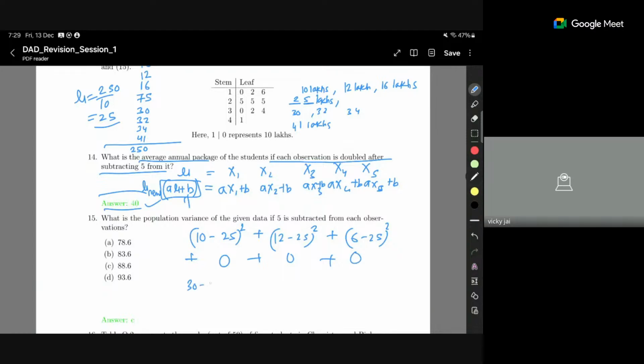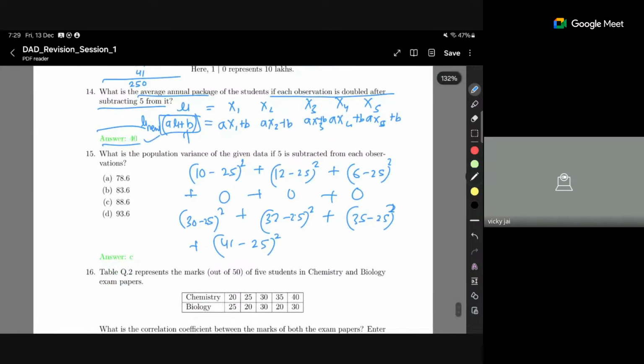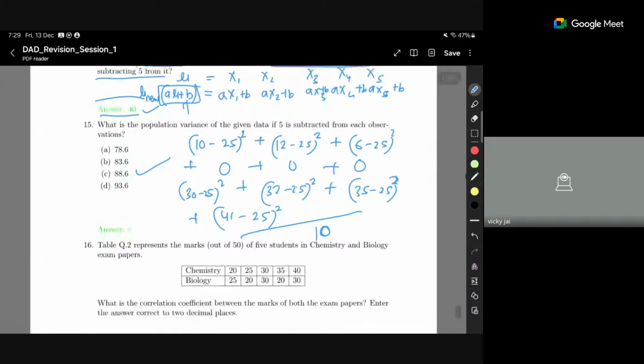Then 30 minus 25 square plus 32 minus 25 square plus 34 minus 25 square plus 41 minus 25 square. And then all of this divided by n, since it's a population. N is 10. I'll not do n minus 1 because it's about population. So I need to figure it out, and it will require a calculator. If you do this calculation, you'll get this. This is based on the calculator, so you have to do this.